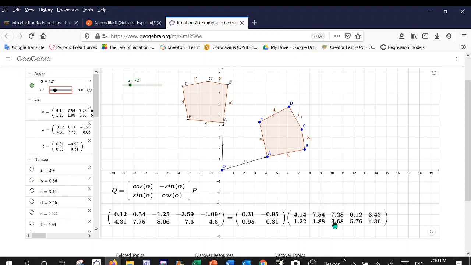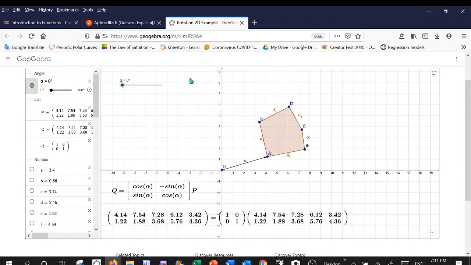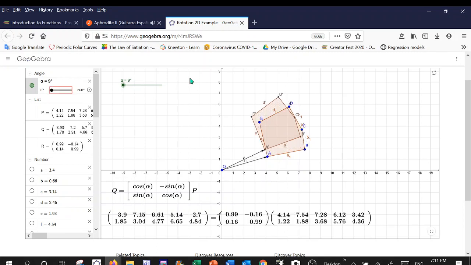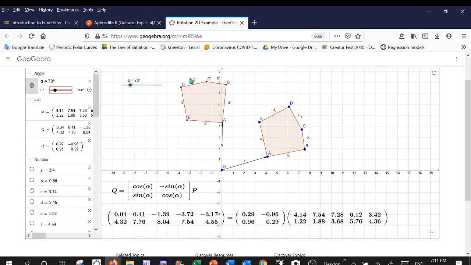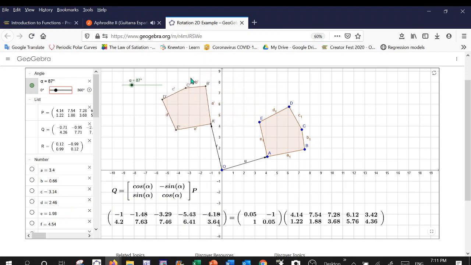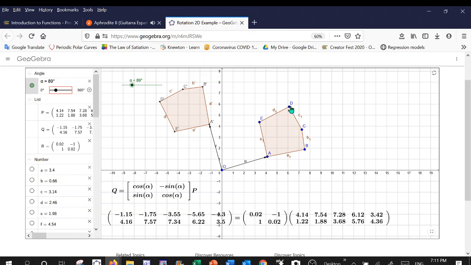So when you multiply by this matrix, you're actually rotating every point alpha degrees. I'm going to go from 0, and as I change that alpha, the computer quickly calculates the new coordinates and graphs them. That's the rotation. So you can rotate every shape like that. Not only these points are going to get rotated, but you can apply it to all the points that create the shape, so the whole shape rotates.